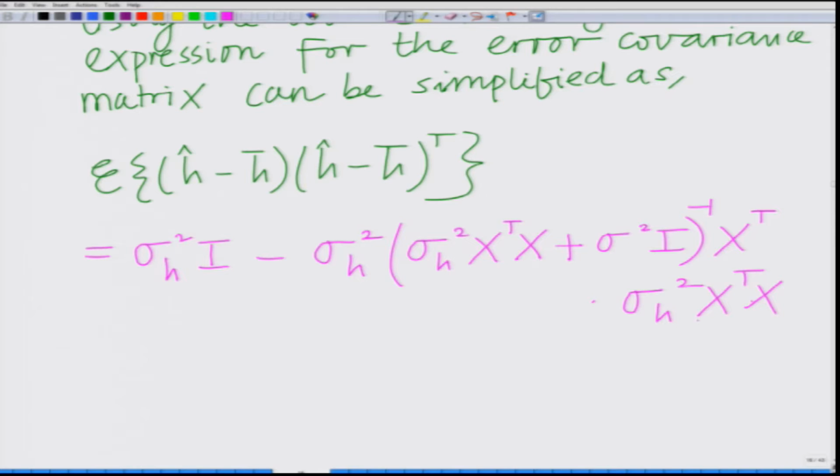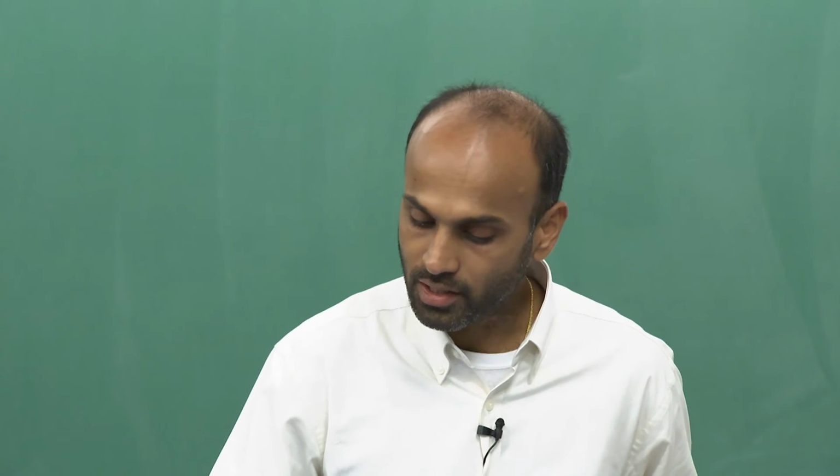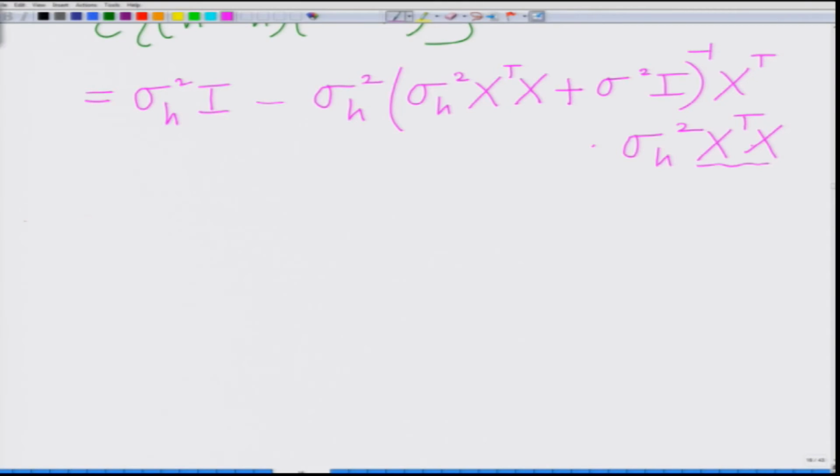Now, to this x transpose x, I am going to add and subtract sigma square identity, and that is how I am going to simplify this. This is a slightly tricky step, so please pay attention.